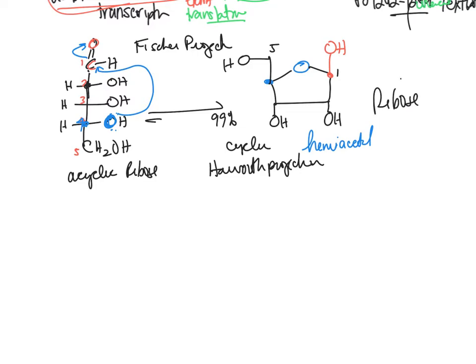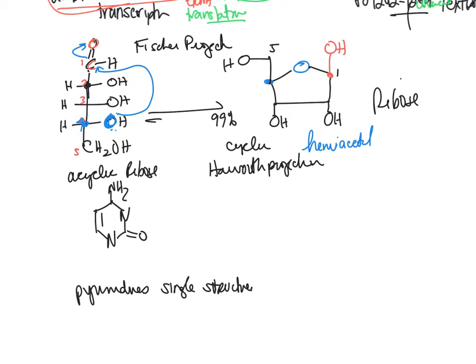Now, the bases that you have are the N-heterocyclic bases, and they look like this. Now, these are called pyrimidines if they're just a single ring structure, because the actual structure of pyrimidine is this right here. Okay, this is actually pyrimidine.